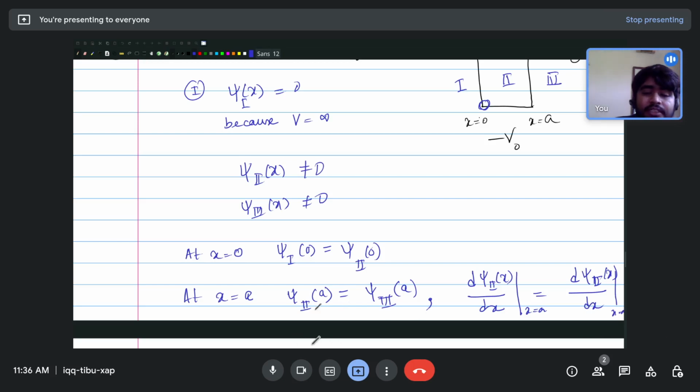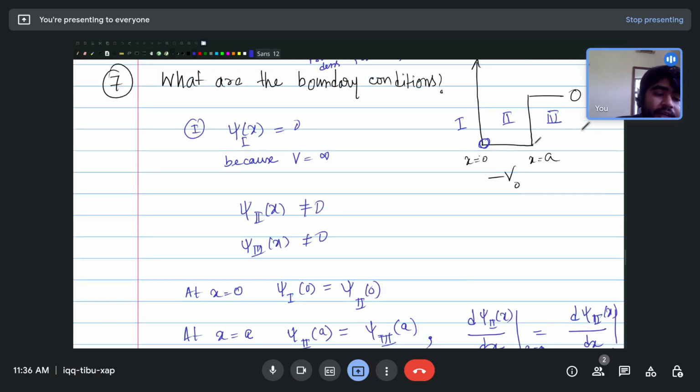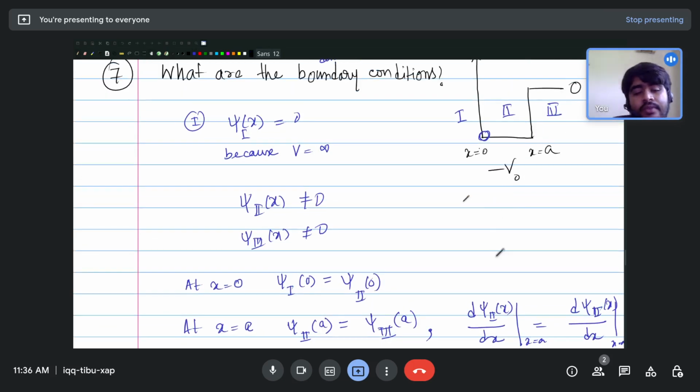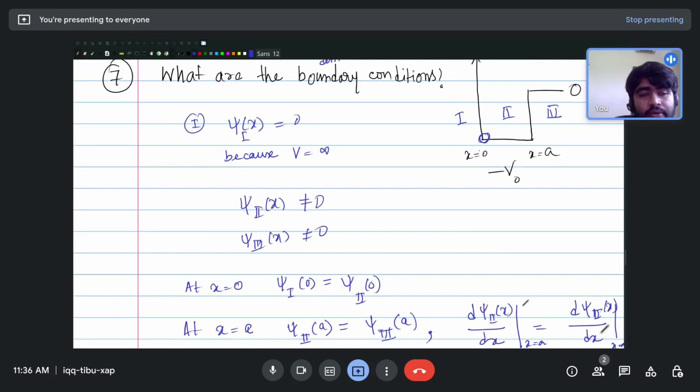So you have to match both the values and the derivatives at the other boundary. This will give you some linear equations, and you will solve them to find all of the constants of these differential equations.